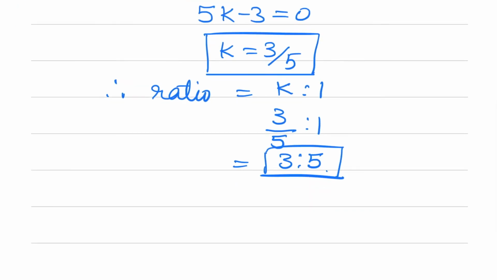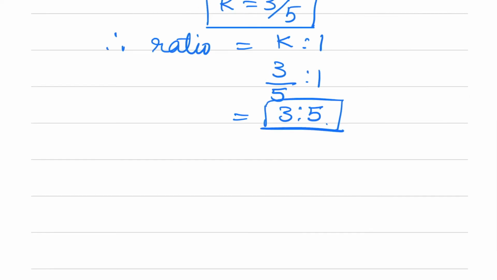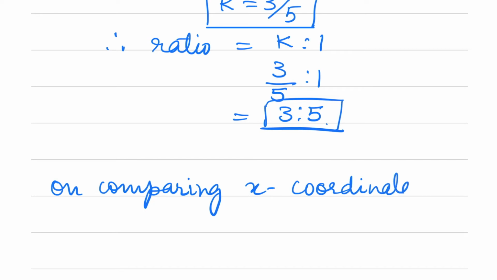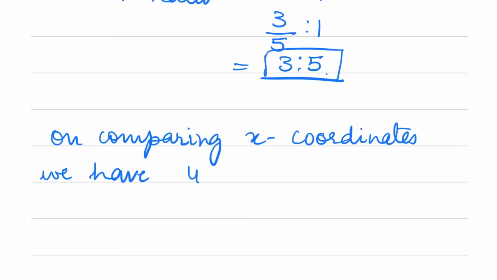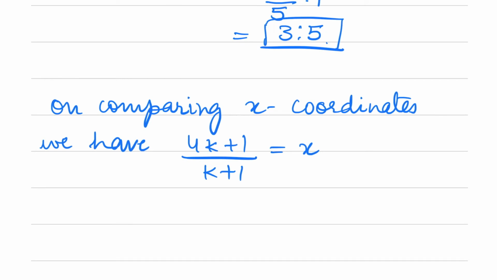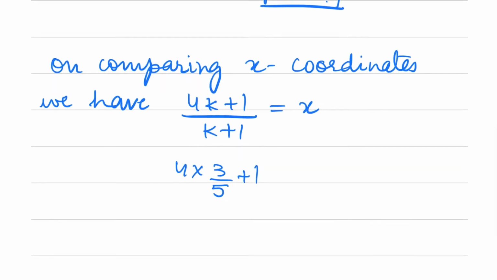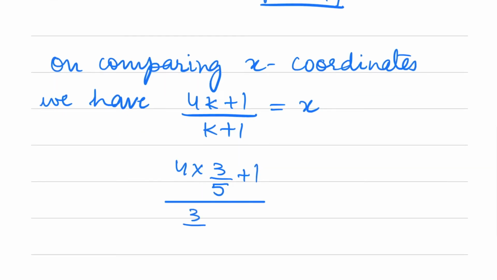Now we also need to find out the coordinates of the point. On comparing the x coordinates, we have (4k plus 1) divided by (k plus 1) is equal to x. Now substitute the value of k, so (4 into 3 by 5 plus 1) divided by (3 by 5 plus 1) is equal to x.